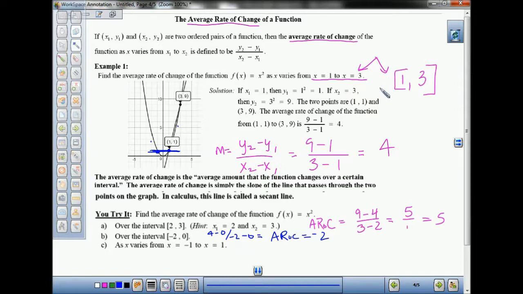And because the average rate of change is really our slope formula between 2 points, that's what we're looking for here. So if I ask you one like this, the average rate of change is 0. Those two values have the same y value, so the slope is 0. The y values didn't change.